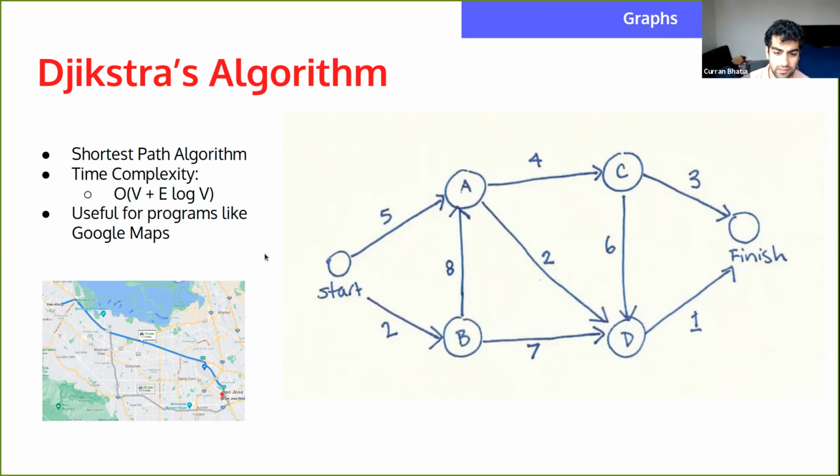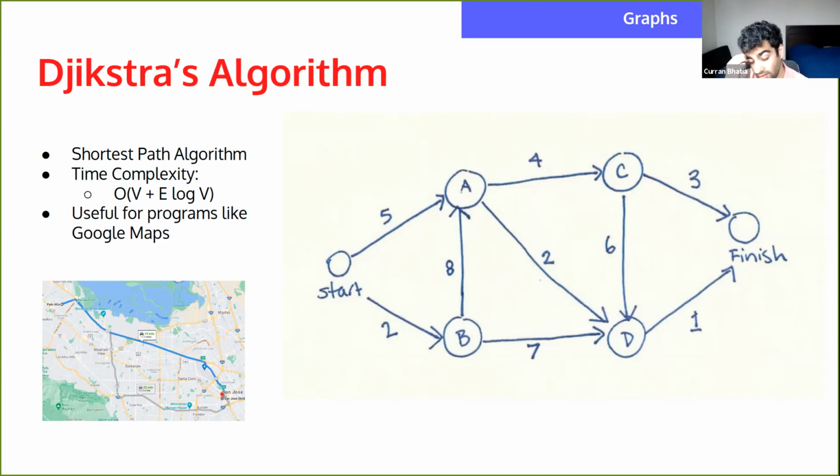So maybe you'll start from the start node and then go to A, and then over A, you'll say, okay, I know that the fastest way to get to A is 5, right? And then maybe you'll go from A to C, and you'll say, okay, the fastest way to get to C is 9. And then you'll go from C to finish, and you'll say, okay, so I think from start to finish, I can go this one route and get there in 12 minutes, right?